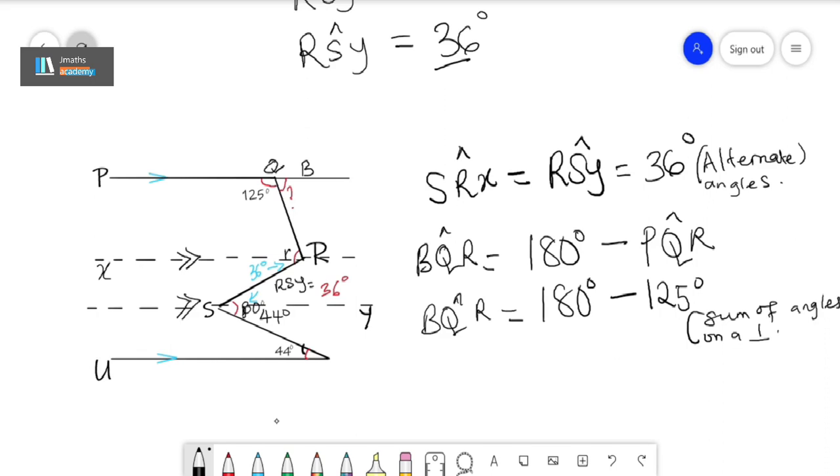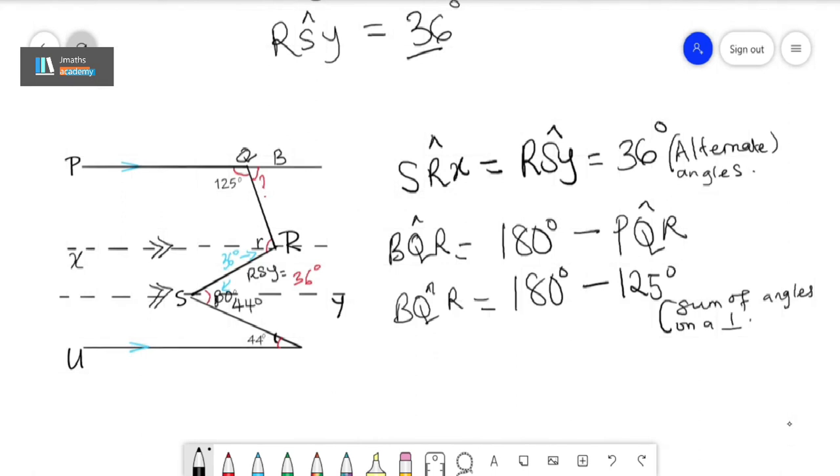Sum of angles on a straight line is 180 degrees. So we have angle BQR to be equal to 55 degrees.